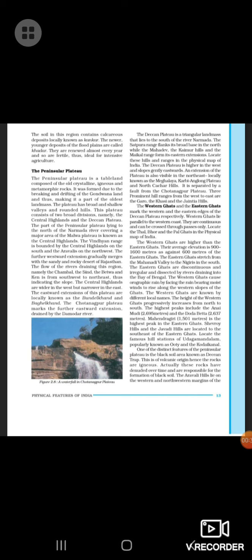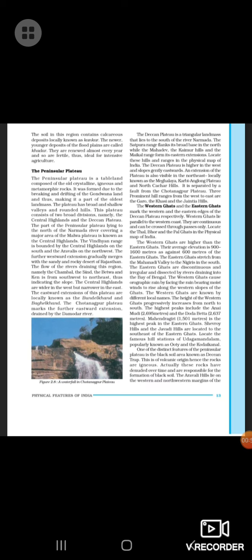Now let's discuss what the peninsular plateau is. It is an elevated area, a tableland, which is composed of old crystalline, igneous and metamorphic rocks.